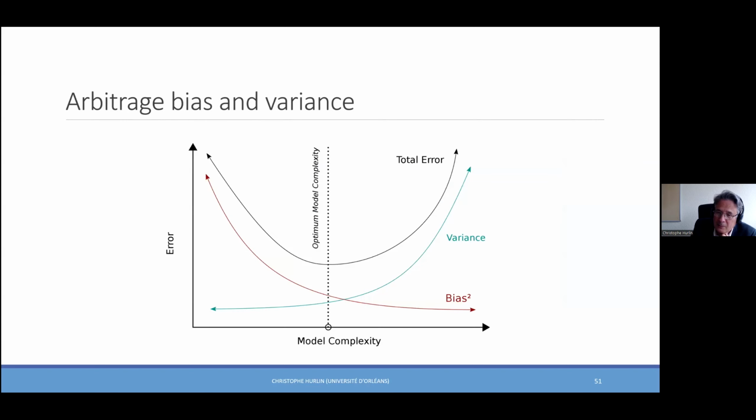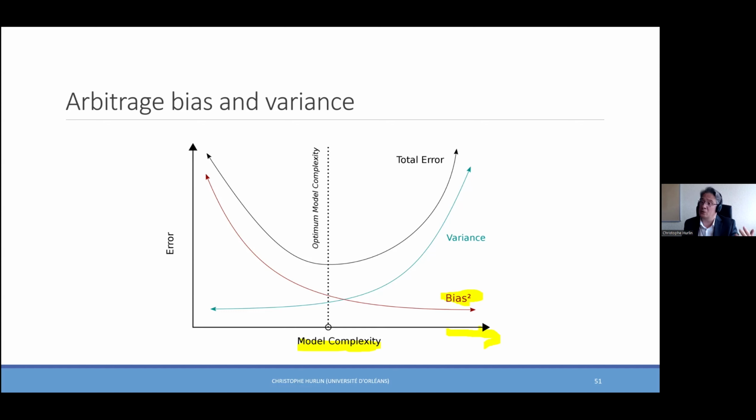And now let me introduce a third term, which is model complexity. Let us imagine that I have a very, very complex model, for instance a polynomial regression with many terms. In general, we observe that the bias of the model will be low. It means that on my training sample, I will have a very high R squared.